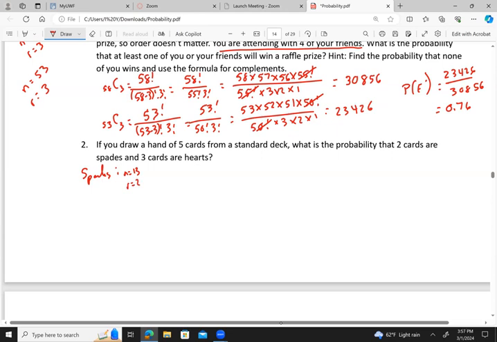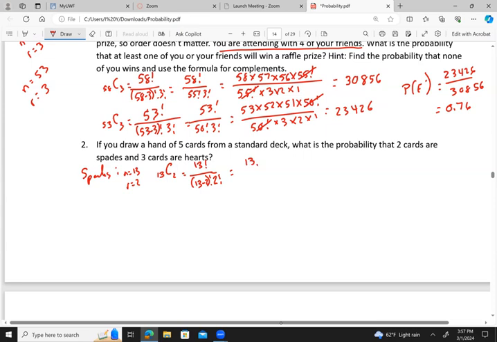So we're looking at, and order doesn't matter here, 13 choose 2. So 13 factorial over 13 minus 2 factorial. And remember, the order doesn't matter, so we're talking combinations, so don't forget to divide by the 2 factorial.